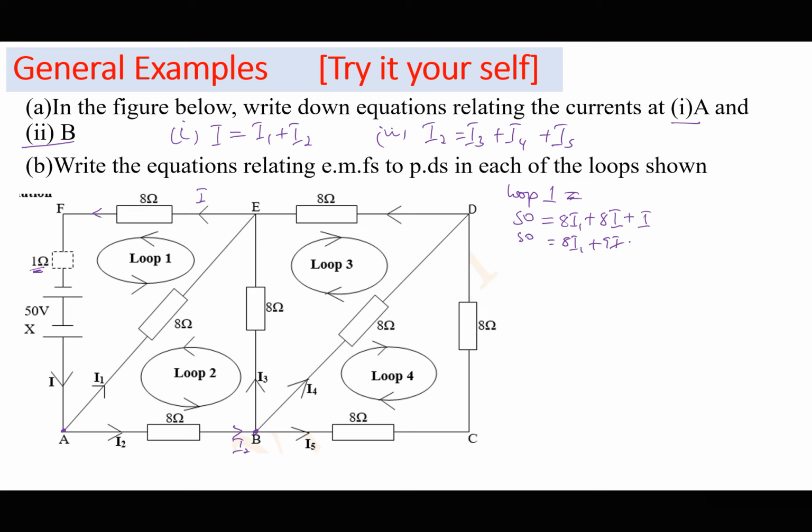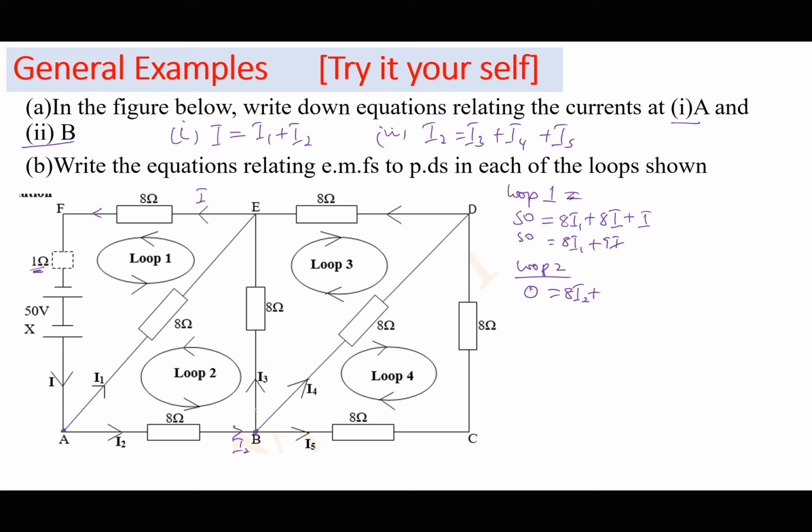That's loop 1. Let's look at loop 2. There is no cell, so the EMF is 0. Then the PDs. Moving around the loop anti-clockwise, it goes A to B, B to E, E back to A. A to B, the current is in the same direction as the loop, so the PD is positive, 8 times I2.